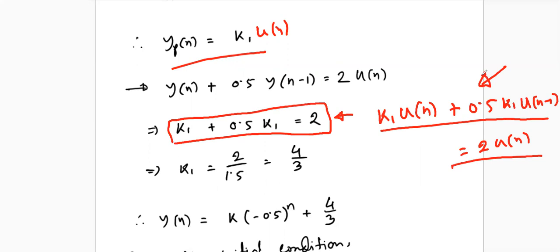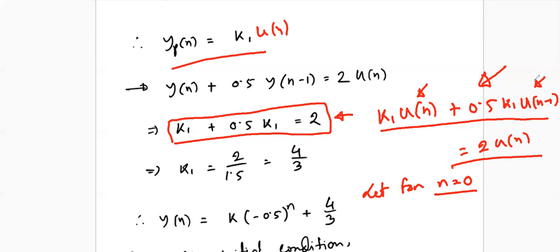In that case, what should be the value of n? Let me take n equal to 0. If I put n equal to 0, this is equal to 1. All the values you are getting are 1. But what about this?